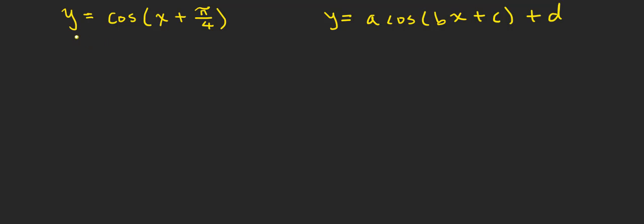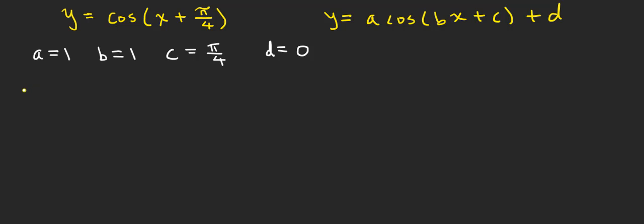Now, if you want to graph y equals cosine of quantity x plus pi over 4, let's first determine what a, b, c are. A is 1, b is 1, and c is pi over 4. And there's no number here, so D is 0.